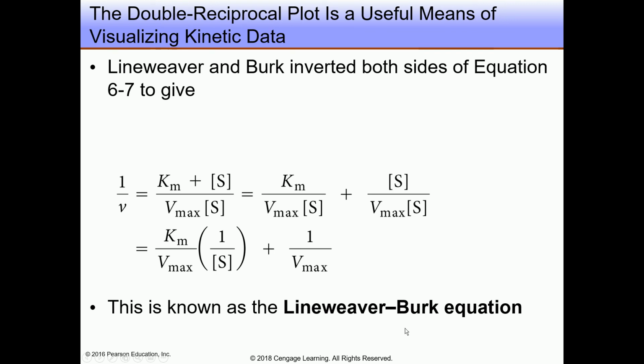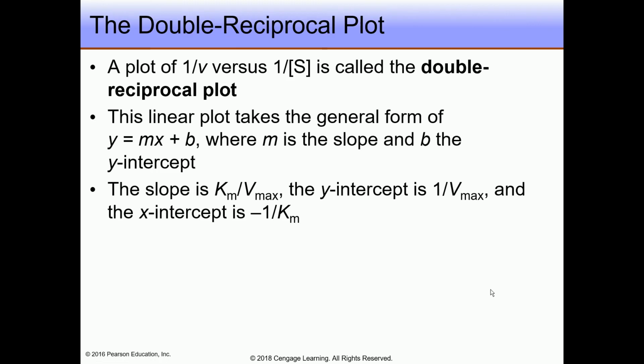So this is 1 by V is equal to Km plus S divided by Vmax multiplied by S. The equation can be broken down like this: Km divided by Vmax into S, plus S divided by Vmax into S. This is called the Lineweaver-Burk equation.